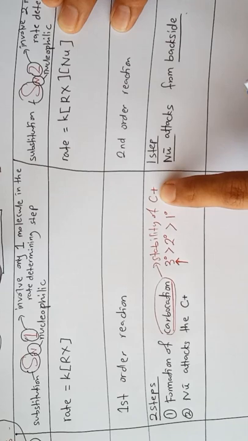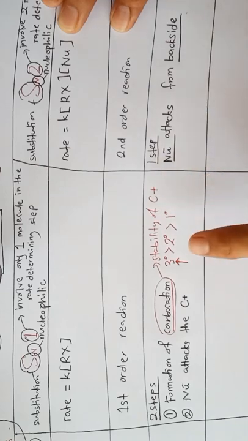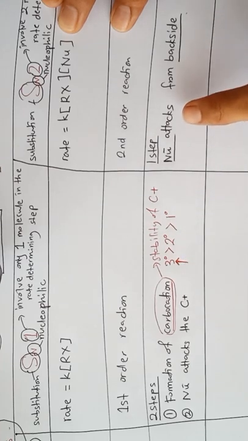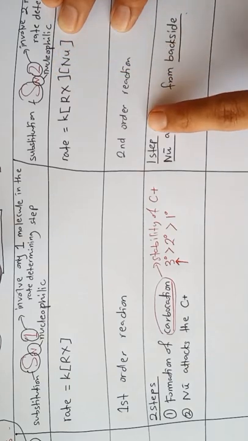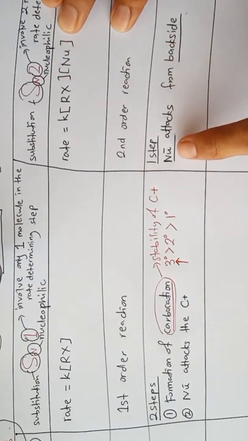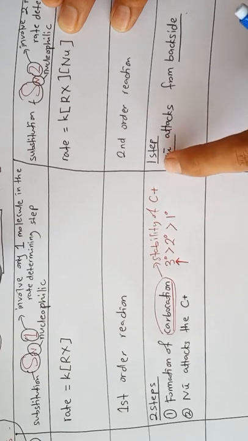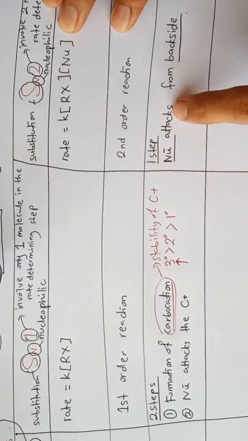For SN1, we should look for the formation of the most stable carbocation ion, which is the tertiary carbocation ion, to make the SN1 mechanism happen. While the SN2 mechanism only involves one step, which works when the nucleophile attacks from the backside.